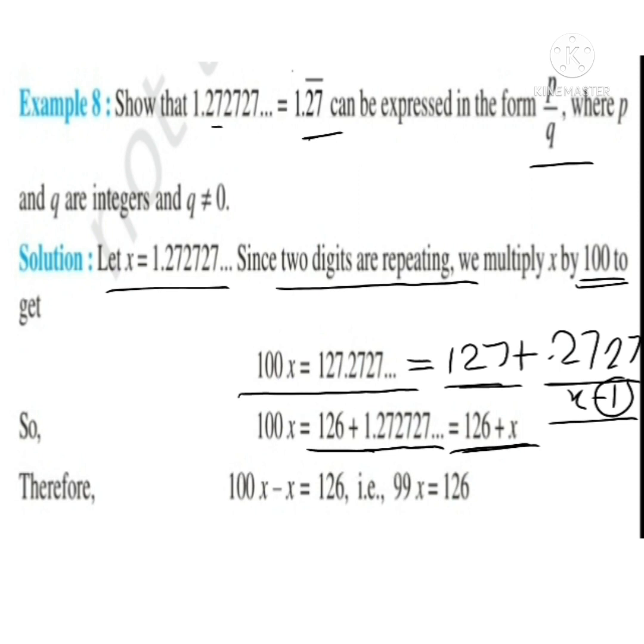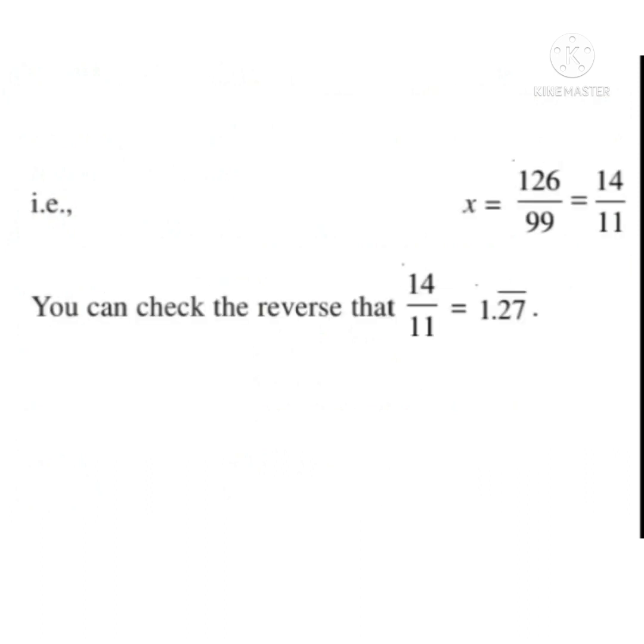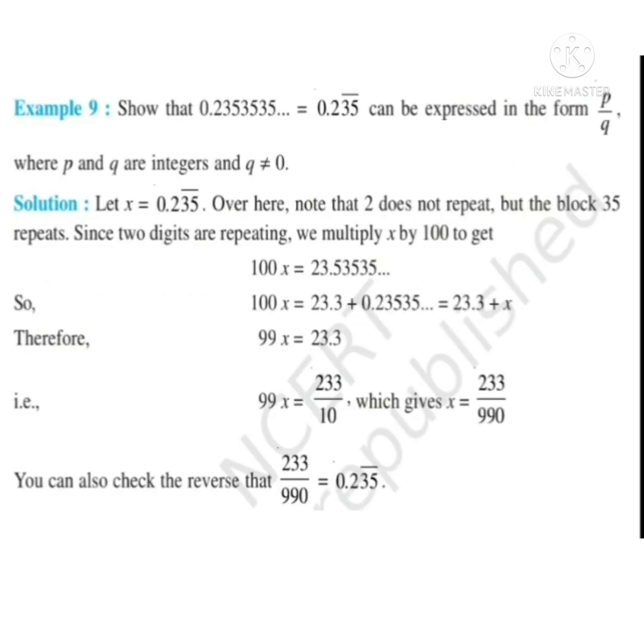So 100x minus x is equal to 126, which implies 99x is equal to 126. So x is equal to 126 upon 99, and when we solve it, it would be 14 upon 11. So we can say that 1.27 bar can be written as 14 divided by 11.